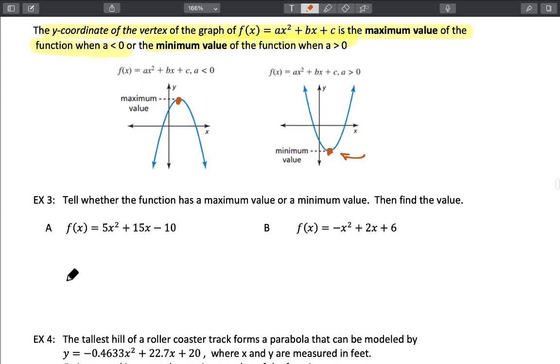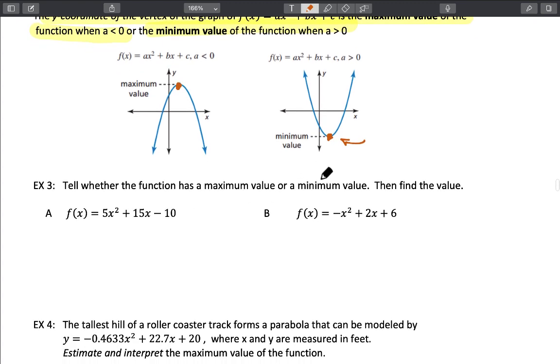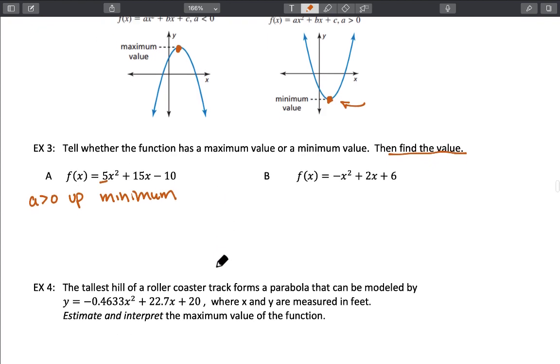All right, tell whether the following has a maximum value or a minimum value. Then find that value. So if I look here, I'm going to first start off by looking at my a value. My a is greater than 0 here, so I know this is going to open up, which means it has a minimum value. Next I need to find my y-coordinate.